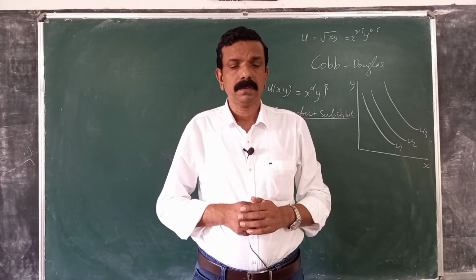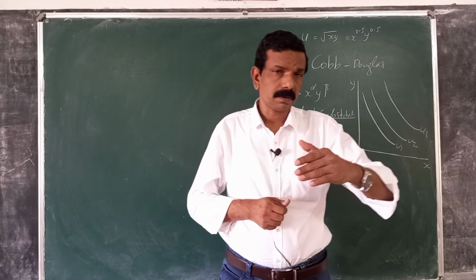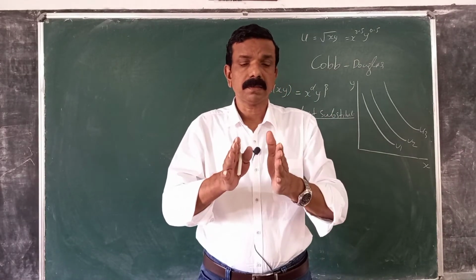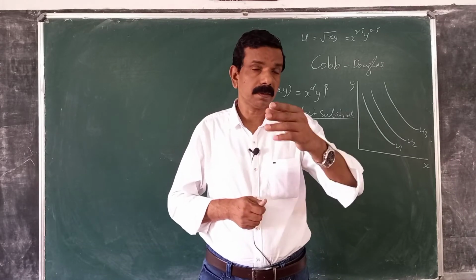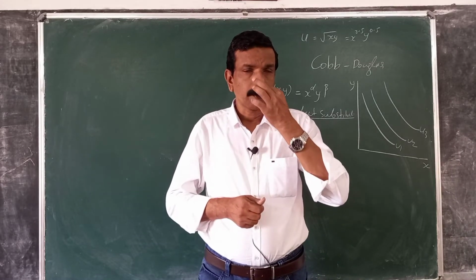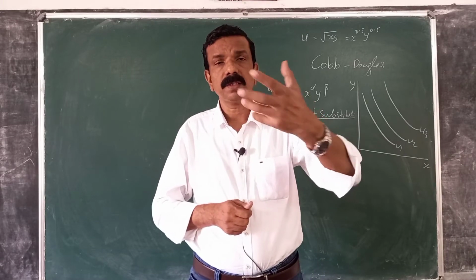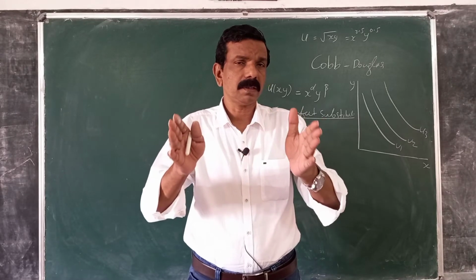Now, a monotonic transformation of the Cobb Douglas utility function represents exactly the same preferences. Remember this. When we specify preferences in utility terms, we use the concept of ordinal utility.